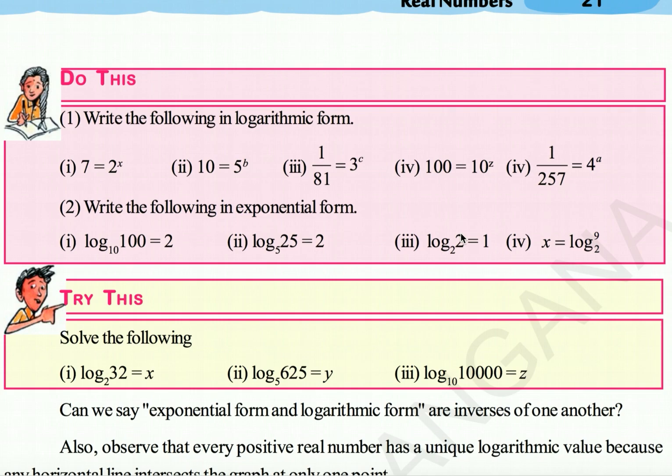That is what we have to write. 25 equal to 5 square. In this case, 2 equal to 2 power 1. 2 power x equal to 9. That is what we have to write.